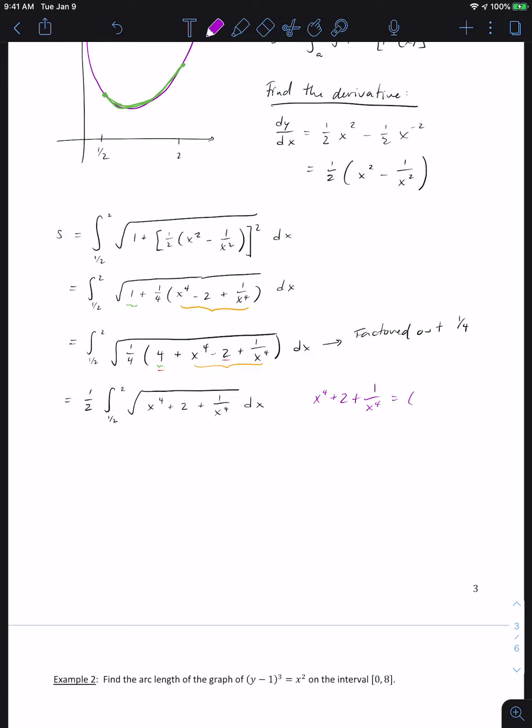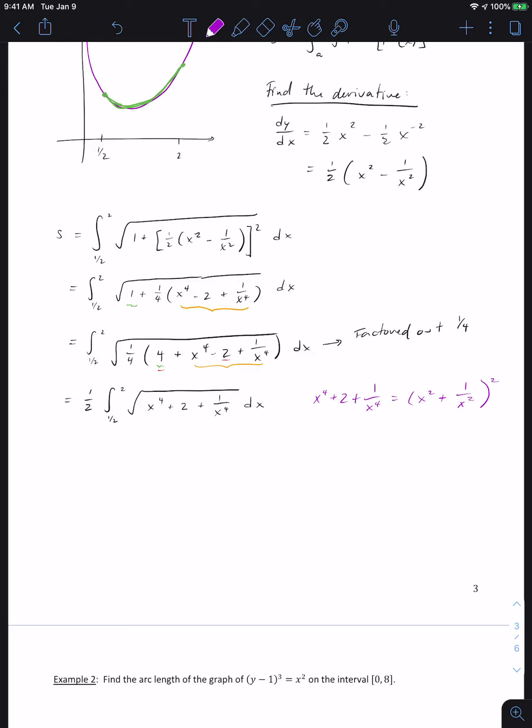If I squared x squared plus 1 over x squared, and it's not to the 4th, it's x squared, then I would get the first one squared, which is x to the 4th, plus 2 times the first times the second. The first one is x squared times 1 over x squared, that gives me 1, so that would give me 2 there. And then the second one squared, 1 over x squared squared, is 1 over x to the 4th.